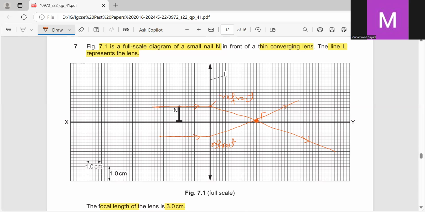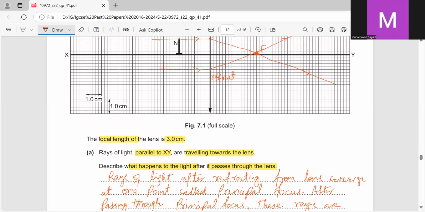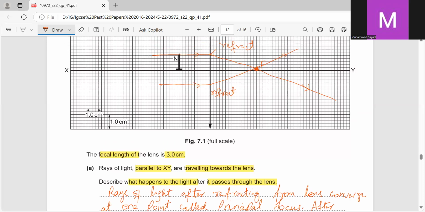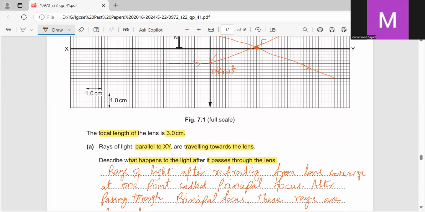Now let's read whatever I have written. First of all, they said parallel rays to XY. XY is the principal axis. So the rays of light, after refracting from the lens, change direction from this point and this point. From the converging lens, they converge or focus at one point called the principal focus, this point.